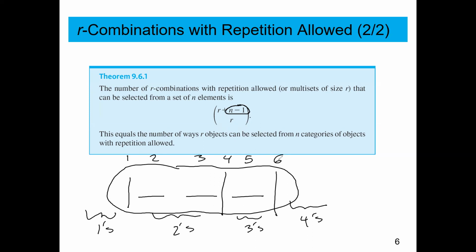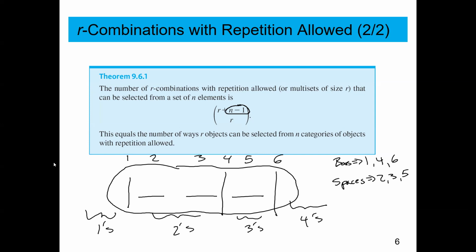The way I've currently written it, my dividers or bars are in 1, 4, and 6, where my stars or my spaces are in 2, 3, and 5. I've seen some books call this the divider process method. There are a lot of different names, but the idea is this lets you understand where repetition comes from, because we're allowing ourselves to break these things up.